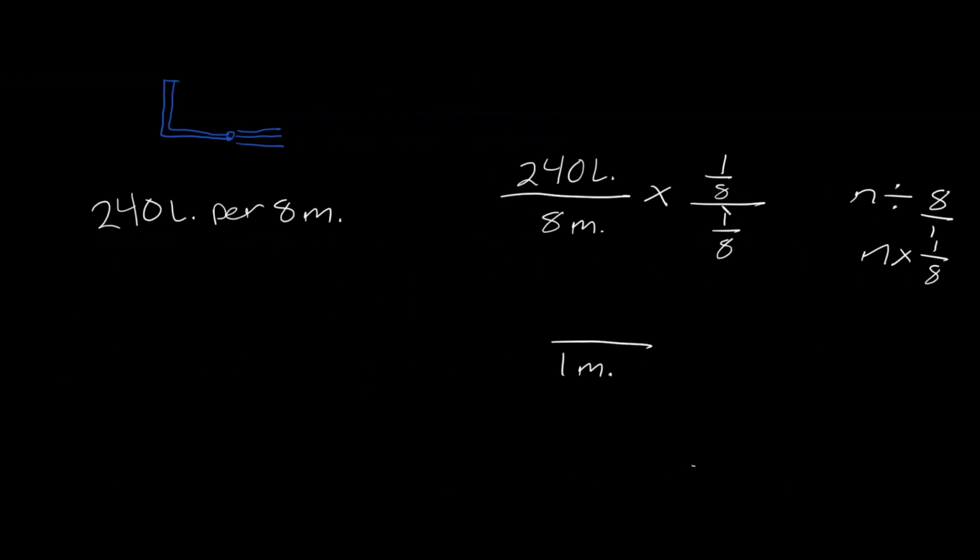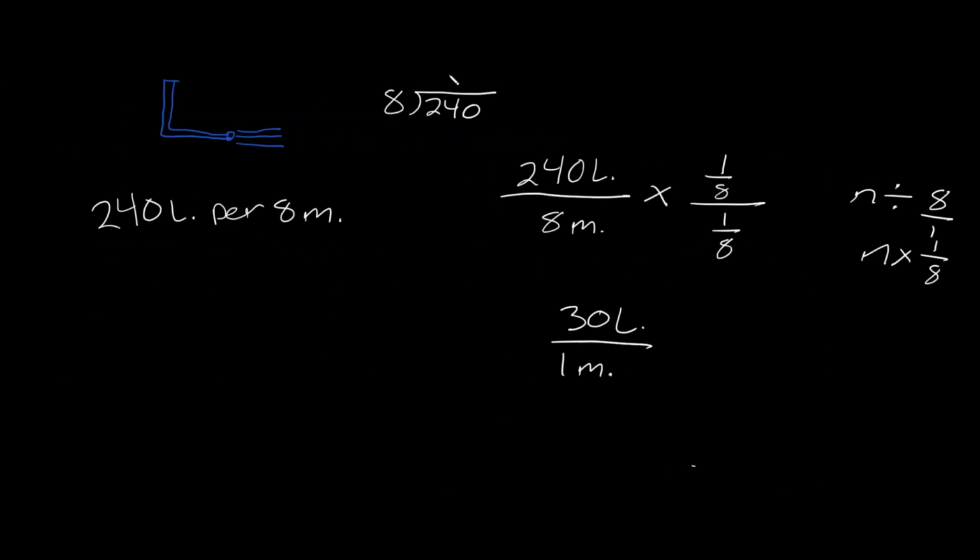And then 240 times 1/8, or 240 divided by 8. We can do that. So first of all, what's 24 divided by 8? That would give us 3. And this extra 0 here, so that would be 30 liters. But just to make sure, we can actually do this: we have 8 into 240.